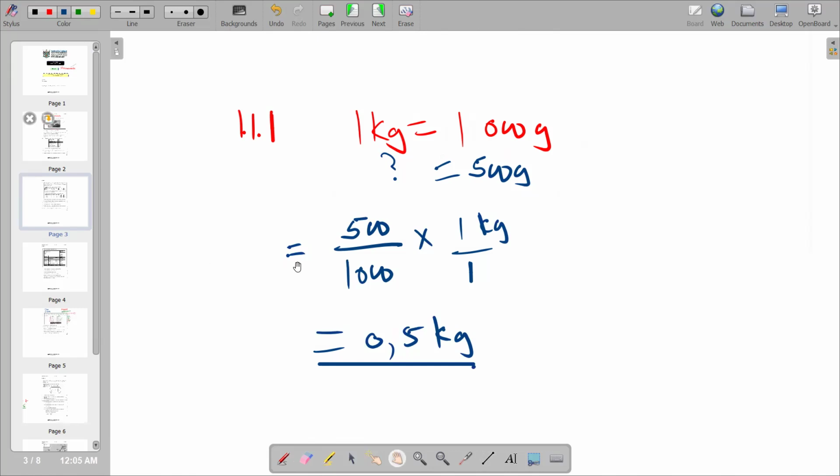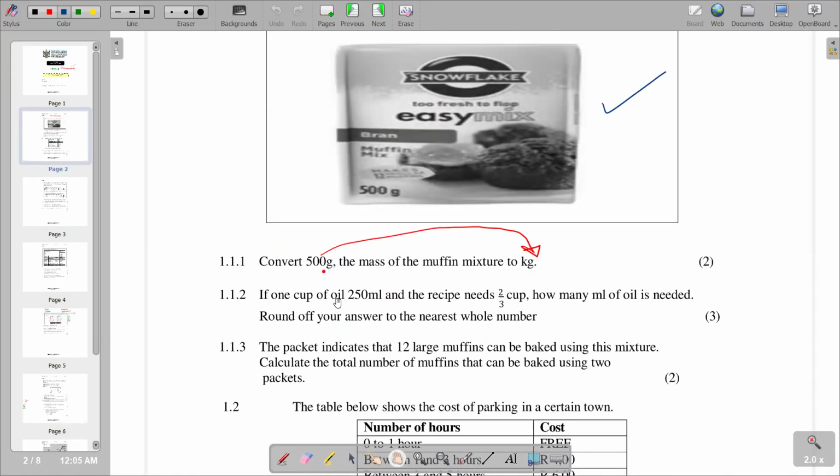We move on to the second part of our question. It says, if 1 cup of oil is 250 milliliters and the recipe needs two-thirds of a cup, how many milliliters of oil is needed? Round off your answer to the nearest whole number. So the cup is 250 milliliters, and you want two-thirds of a cup. In other words, you're saying two-thirds times 250, so that you can get the proportion of two-thirds.